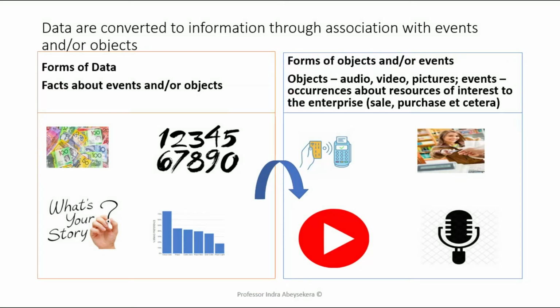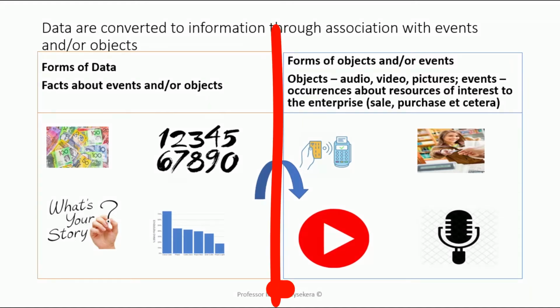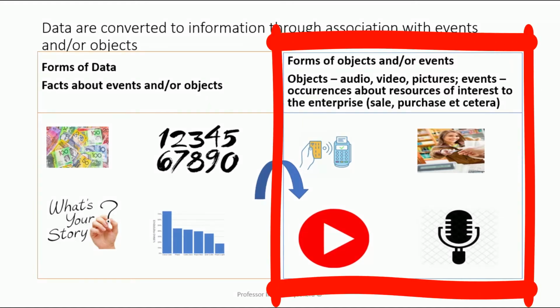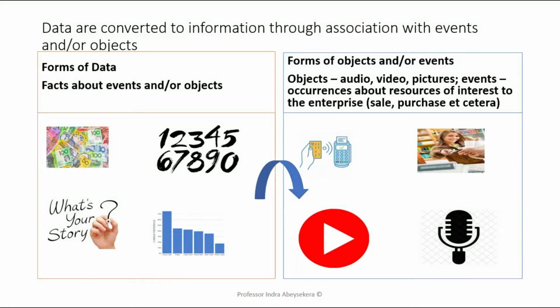Then there are objects, which could be audio, video, and pictures, and there are also events, the occurrences about resources of interest to the enterprise. Examples of these events could be a sale, a purchase, and so forth.